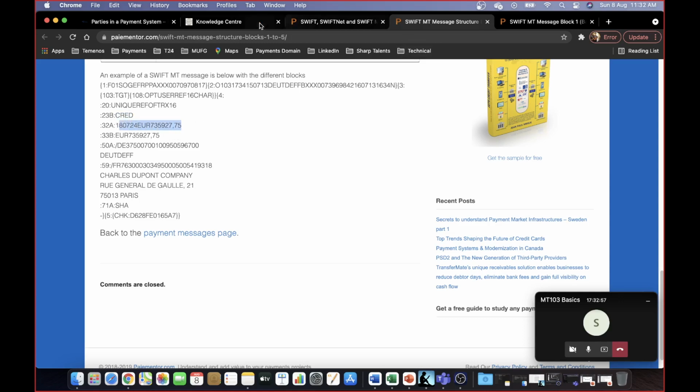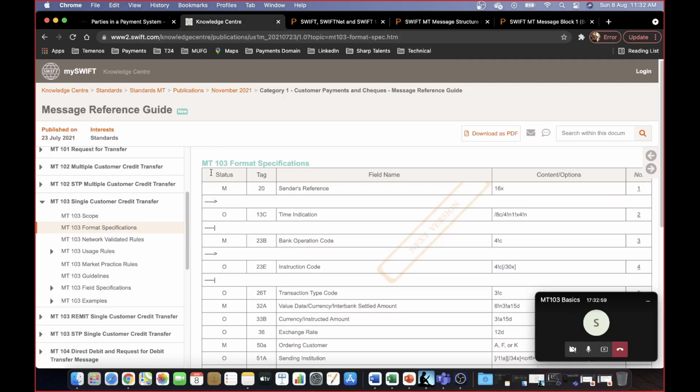This page on the Swift website clearly defines what those texts are and what they mean, the allowed values, how they must be formatted, and so on.